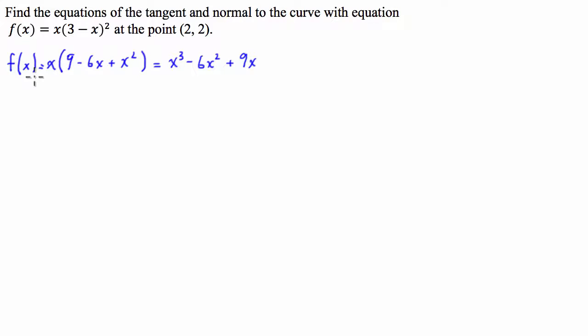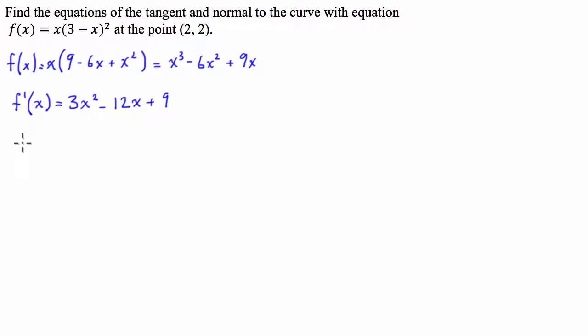Now we have to get the derivative of this so we can find the gradient of our tangent line. So f dash of x is equal to 3x squared minus 12x plus 9. Okay, now we have to figure out what the gradient of this function is at the point when x equals 2.